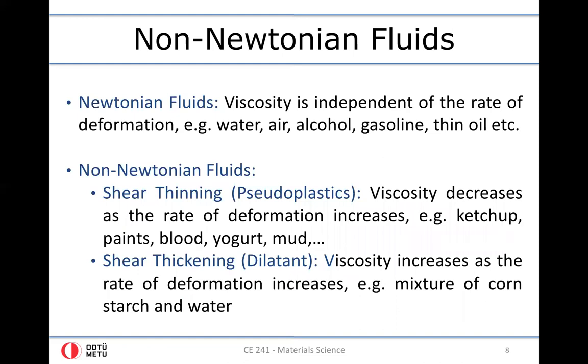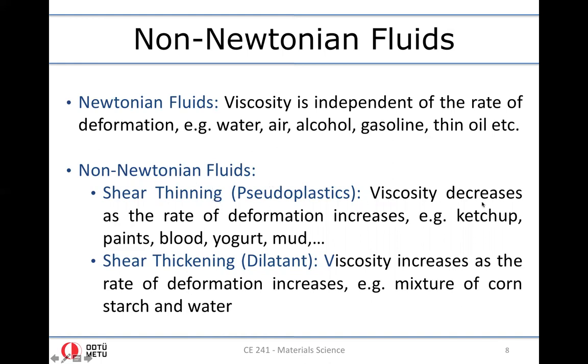So, of course, everything here is referring to the ambient temperature, which is about 20 degrees Celsius. When we talk about thick oil, like grease oil, then that is, as you know, much more viscous than thin oil.